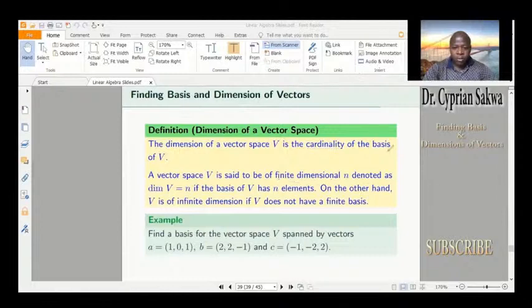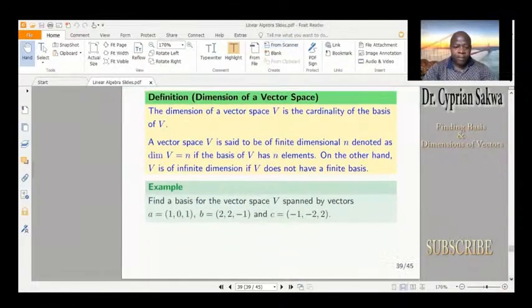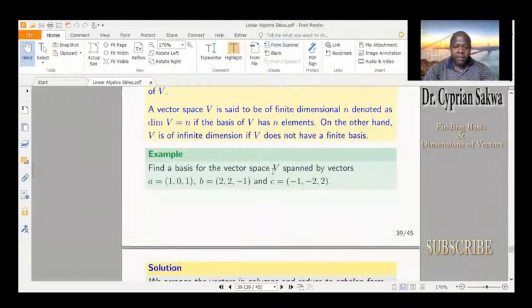So let's look at examples on how to determine the basis of a vector space. The first example here is find the basis for the vector space V that is spanned by vectors R, B, and C. So there are two ways that we proceed to find the basis of a vector space.